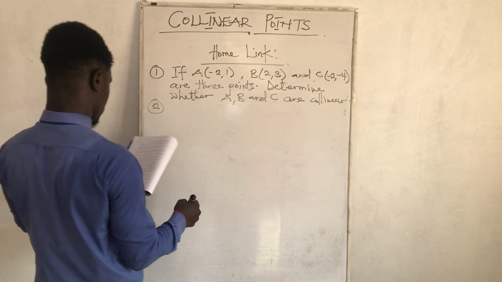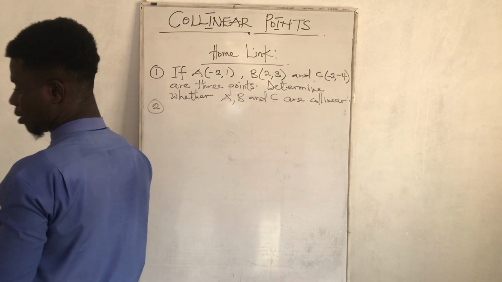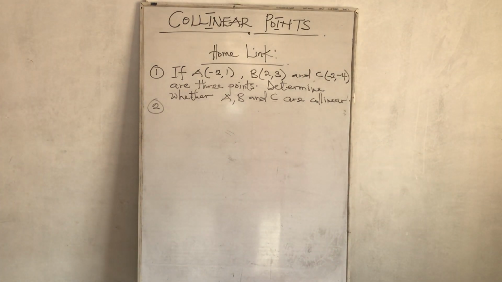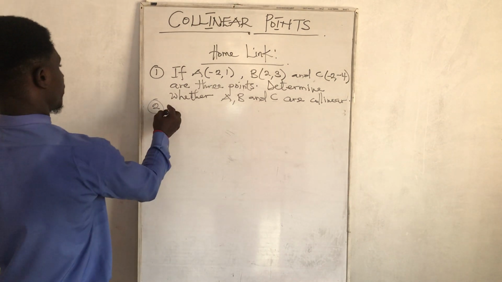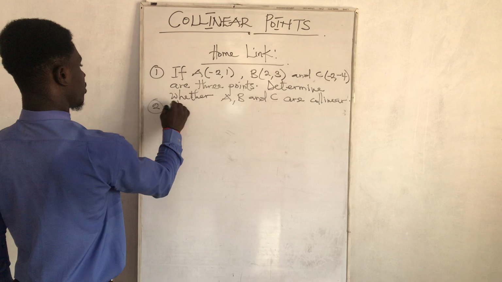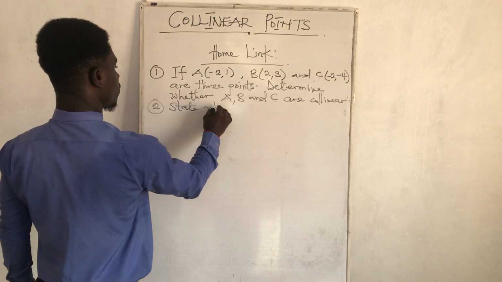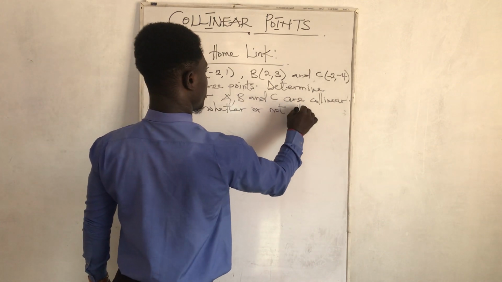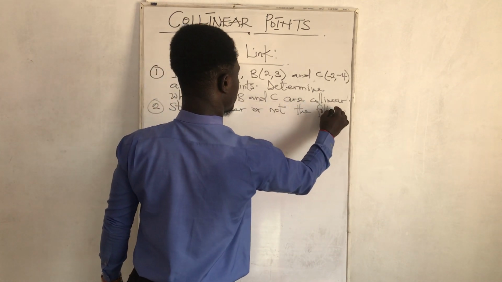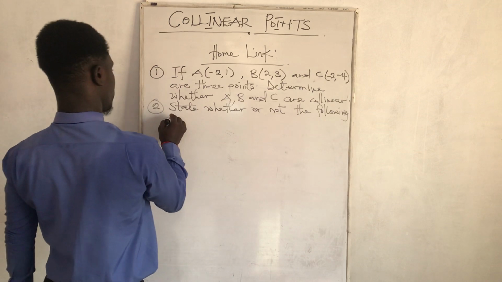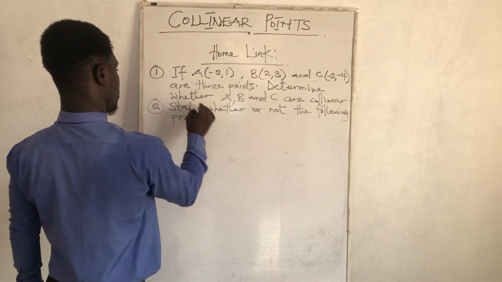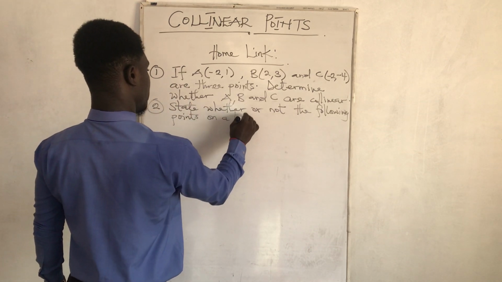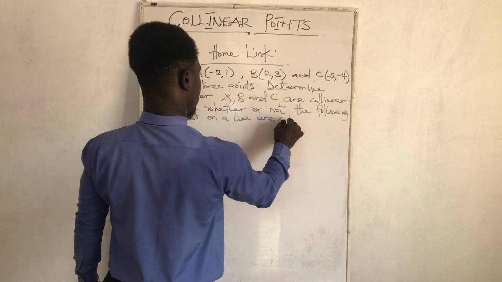2. Last example then. State whether or not the following points on a line are collinear.